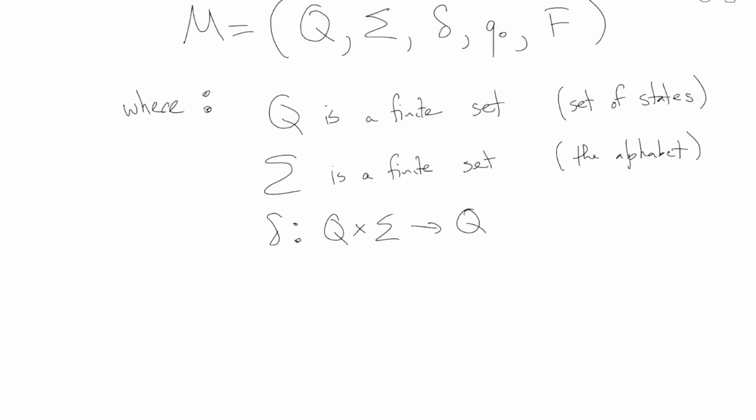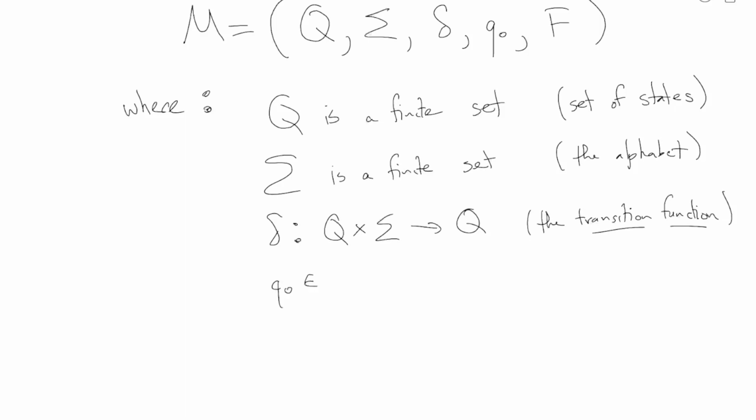And this is called the transition function. That's the most complicated part, and we're going to come back to that, explain what all that means. But it's easy to explain the other 2, so let's just say what the others are.